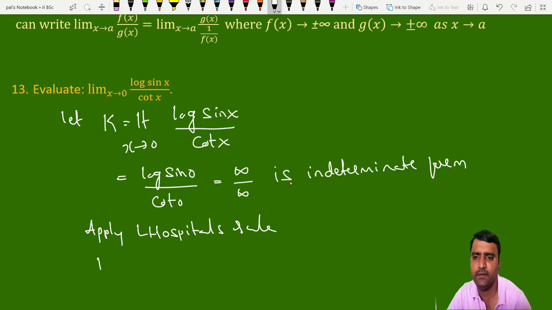Then k is equal to the limit as x tends to 0. The differentiation of log of sin x is 1 by sin x times the differentiation of sin x, which is cos x. This is divided by, in the denominator cot x, whose differentiation is minus cosecant square x.